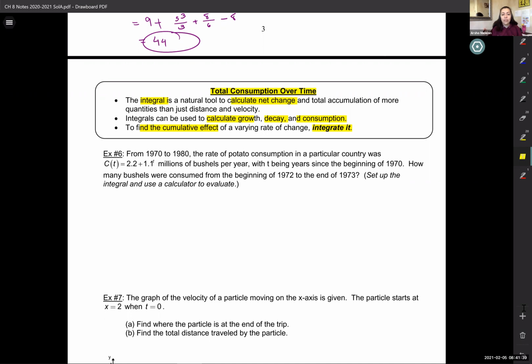I've seen bushels of potatoes because I grew up in Lebanon, and we used to go to the country and do farming and stuff. But with t being years since the beginning of 1970. So 1970 is where our problem starts. How many bushels were consumed from the beginning of 1972 to the end of 1973?